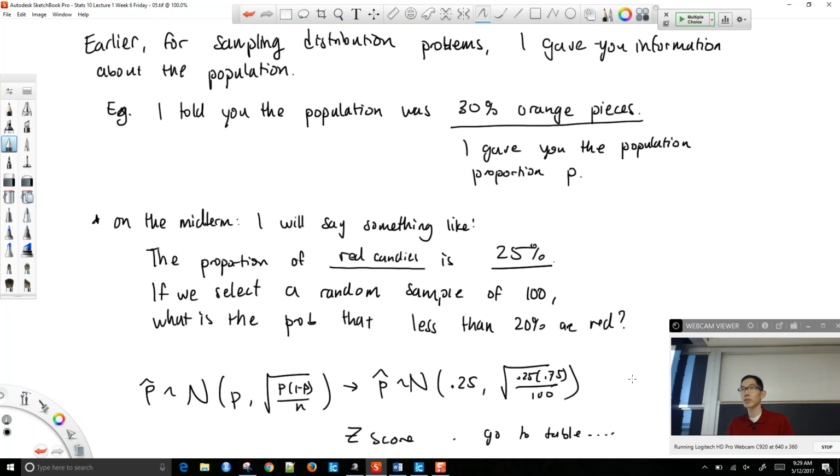If I only see the sample, can I make conclusions about the population? So far we've said, if I know the population, I know the sampling distribution, and I can answer questions about the sample. Can we go backwards and make inferences about the population? That's what we want to know.